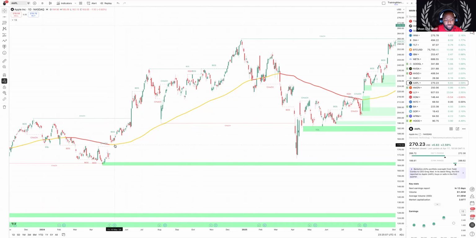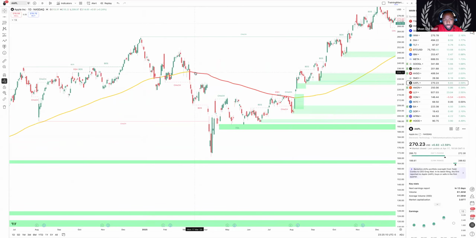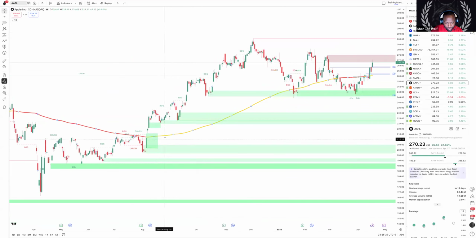Look at the price action of Apple while the 200 is yellow. And also you can see over here, while the 200 flipped to red, Apple was in a strong bearish downtrend. When the downtrend was over, we would know because the 200 flips back to yellow right here, and then it shows us that uptrend.